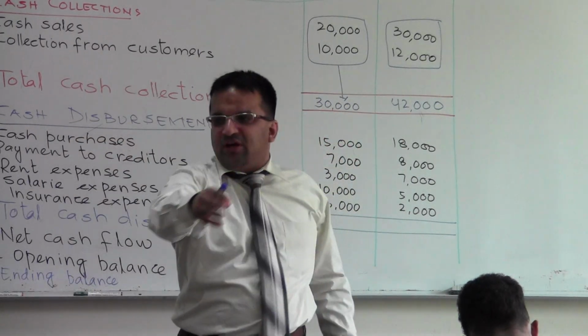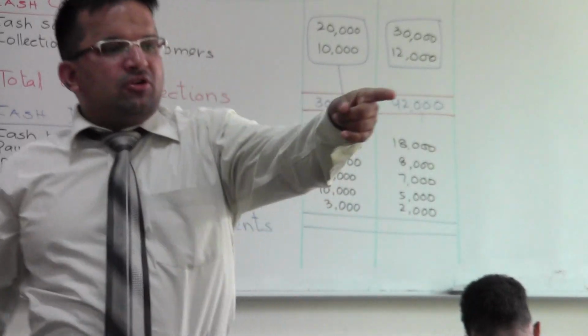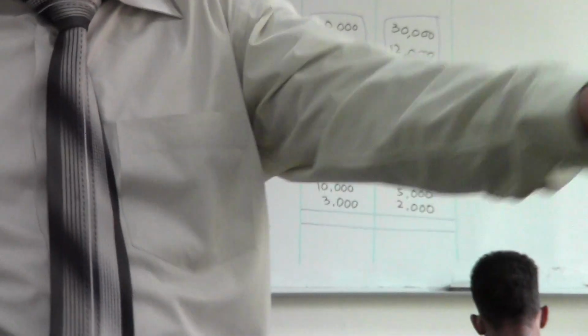Ala hasba I gave you. Calculators are with you. I put on your table. You can calculate it here. 42. Yes. 42,000.